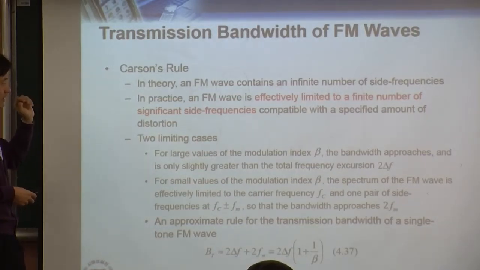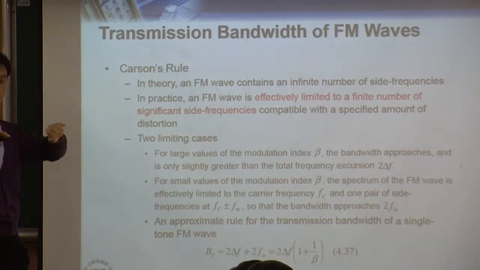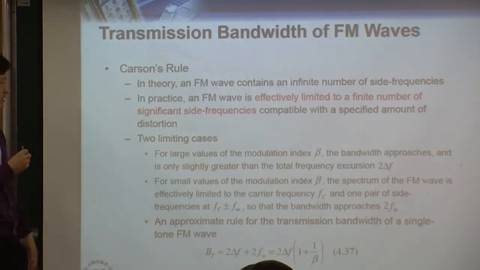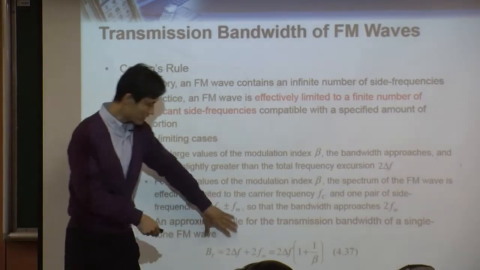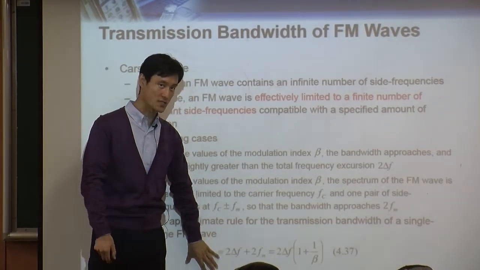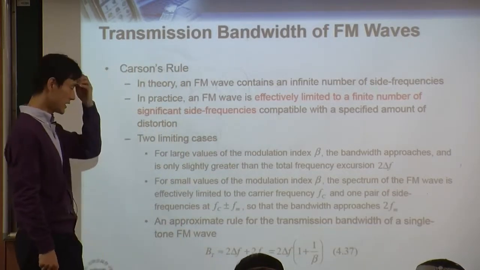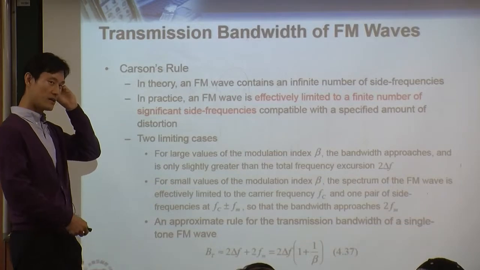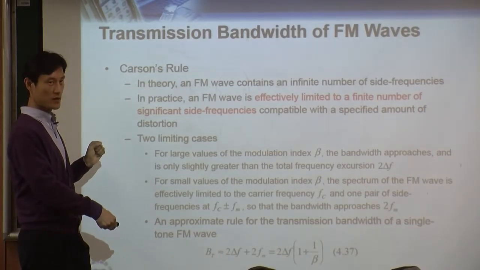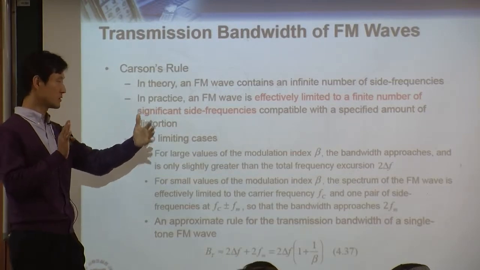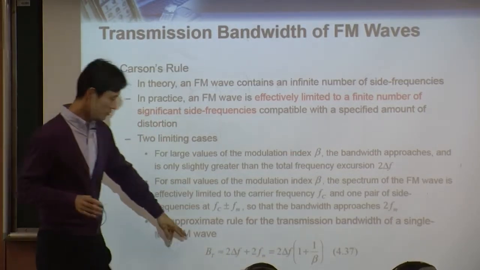So what we need to decide is how many frequencies we are going to keep and how many we're going to remove. Simply speaking, you can look at the last equation here. This last equation is Carson's rule. If you decide the bandwidth Bt in this way, then you can decide how many frequency components you want to keep and how many to remove.